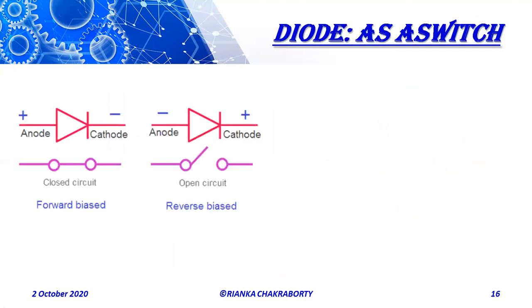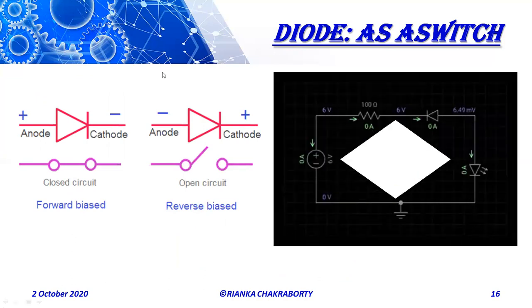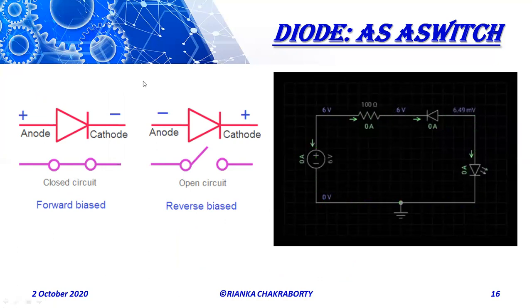So we can use a diode as a switch. When a diode is in forward biasing, the current can flow through the diode, so it acts as a closed switch. That means the switch is on. When the diode is in reverse bias, the current does not flow through the circuit, so it acts as an open circuit.